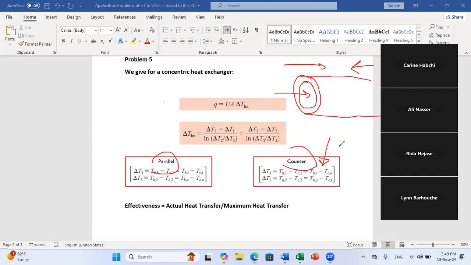And in this case, as I told you, if you want to compute the heat rate, you have several ways. You get the overall heat transfer coefficient U. If you remember how we determine this coefficient, UA is 1 over the total resistance, so 1 over the sum of resistances.